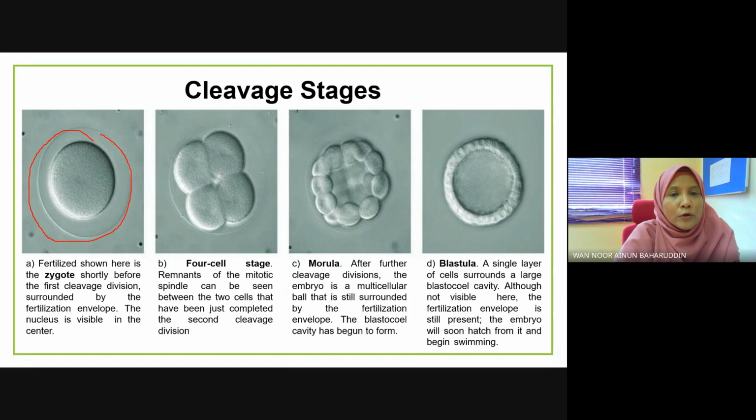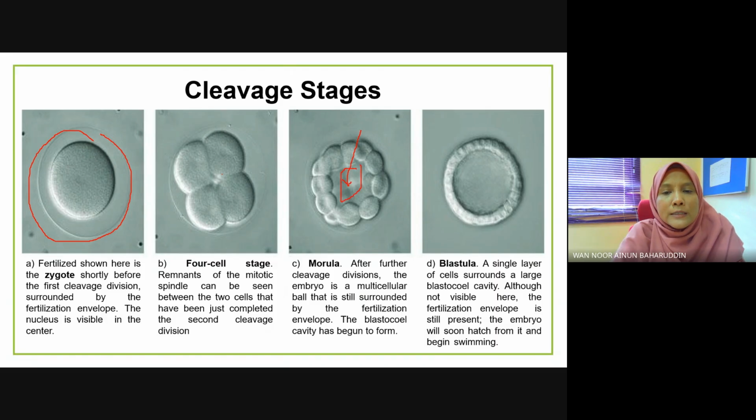Then after that, the morula undergoes further cleavage divisions, forming a multicellular ball that is still surrounded by the fertilization envelope. And then the blastocoele cavity has begun to form. So this is what we call the blastocoele cavity.